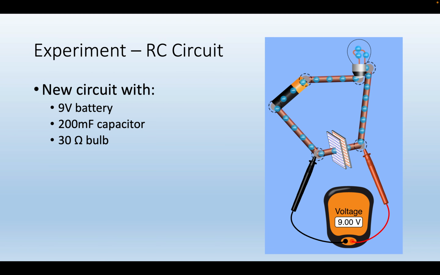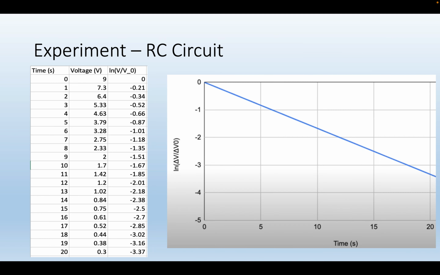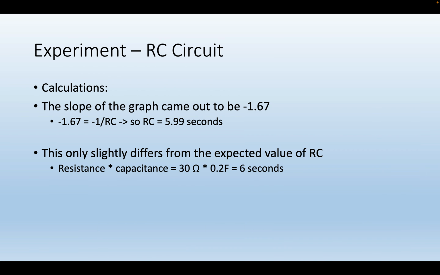Then we created a new circuit with the following constraints. And then we took voltage versus time data with the included features, and then we plotted them here. The graph on the right shows the natural log of potential difference over the initial potential difference versus time.